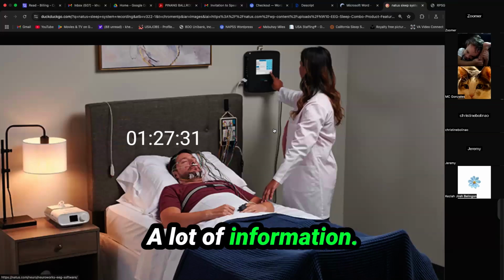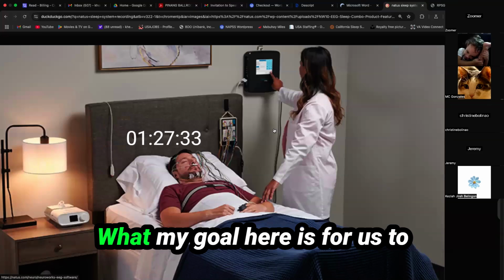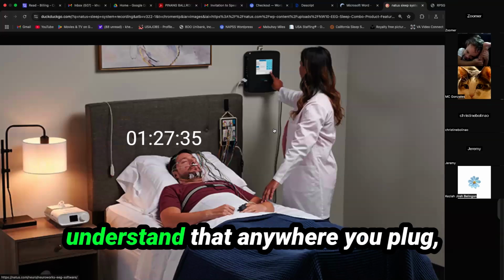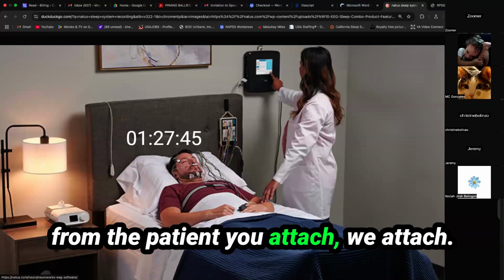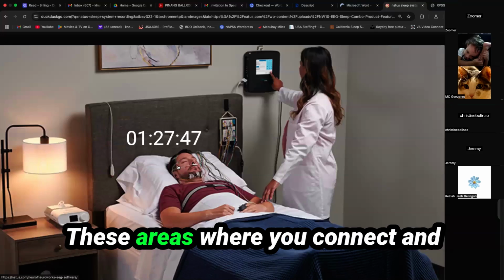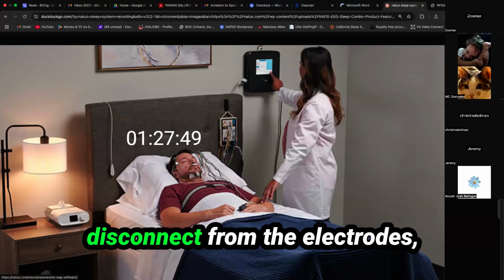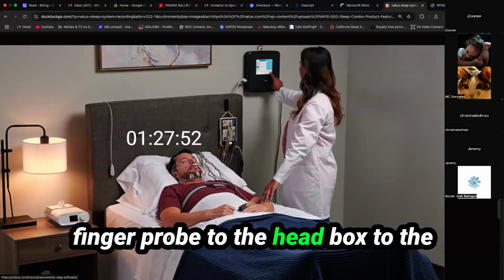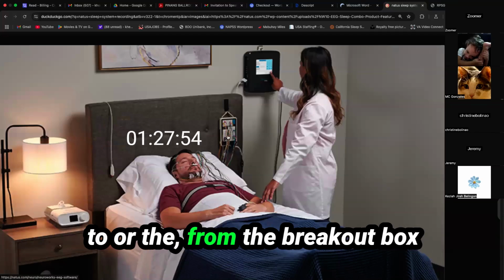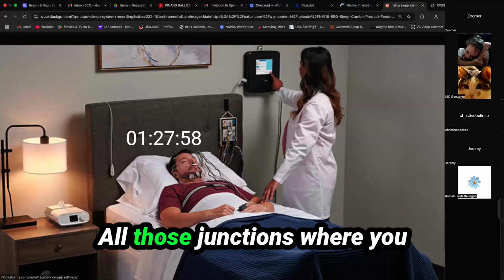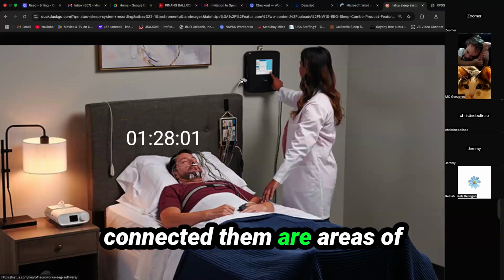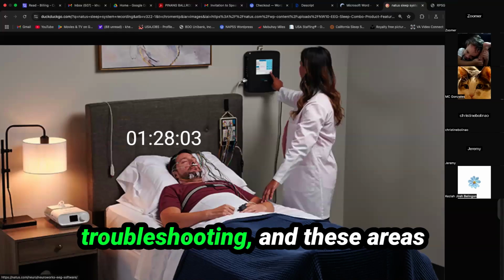A lot of information. My goal here is for us to understand that anywhere you plug, unplug, attach, reattach, these areas where you connect and disconnect from the electrodes, the finger probe to the head box, from the breakout box to the head box to the computer, all those junctions where you connected them are areas of troubleshooting.